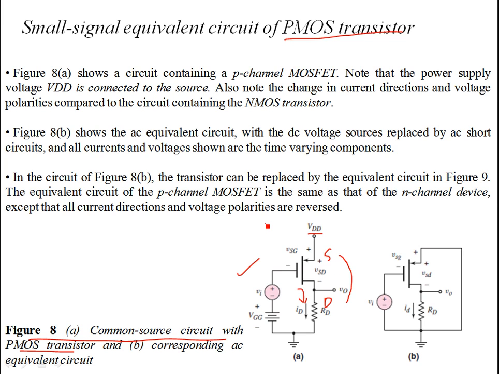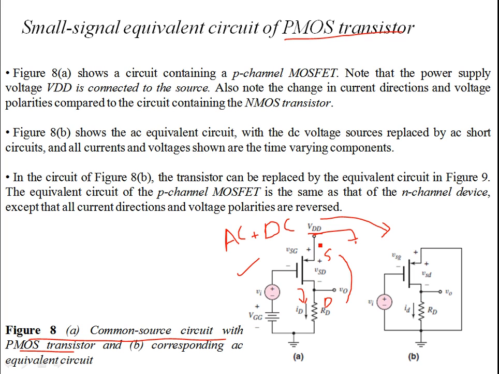So for example, this has both the DC and AC parts. If you have to derive the AC equivalent, what you do is you kill all the DC sources. You see this is a common source circuit, because if you remove this VDD, you make this ground in an AC equivalent circuit.